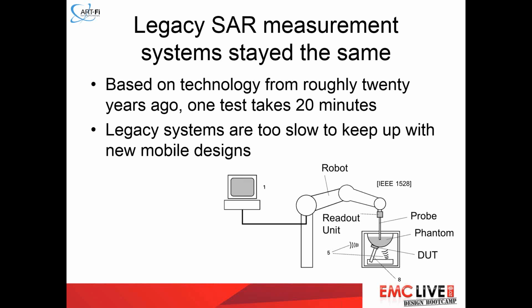They are based on technology which is roughly from 20 years ago, using a robot system that moves a probe into the phantoms, and because of this mechanical movement, it typically takes about 20 minutes to get a SAR test in one condition. Those legacy systems are definitely very slow, too slow to keep up with new mobile designs and time to market constraints.